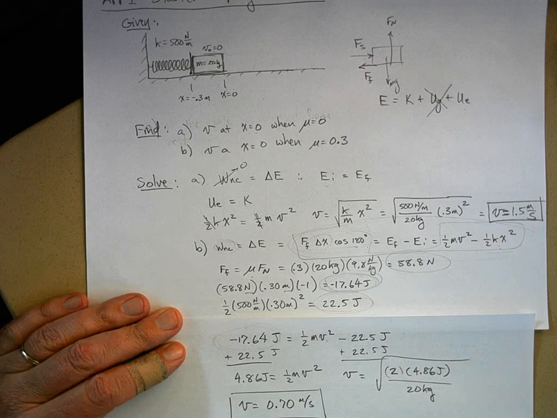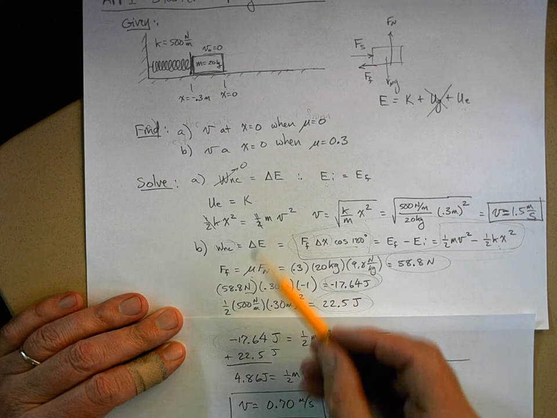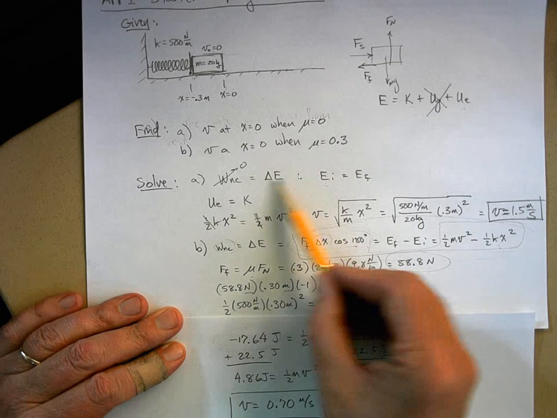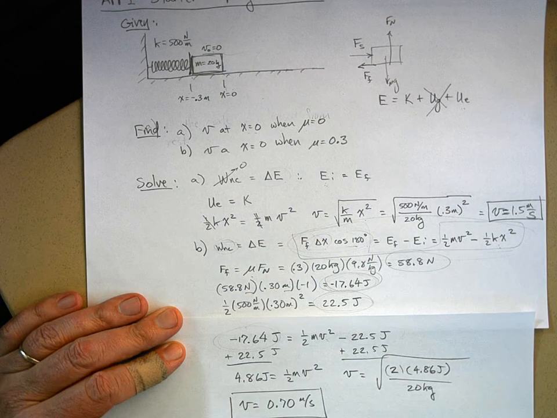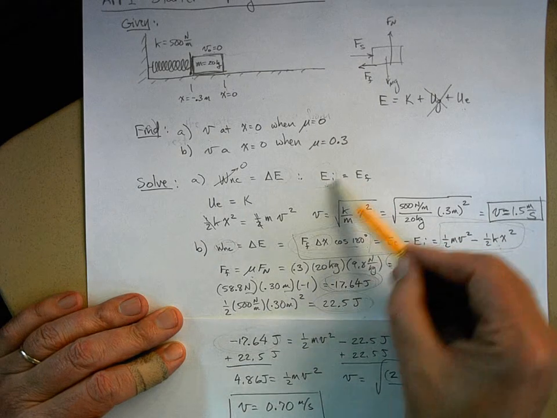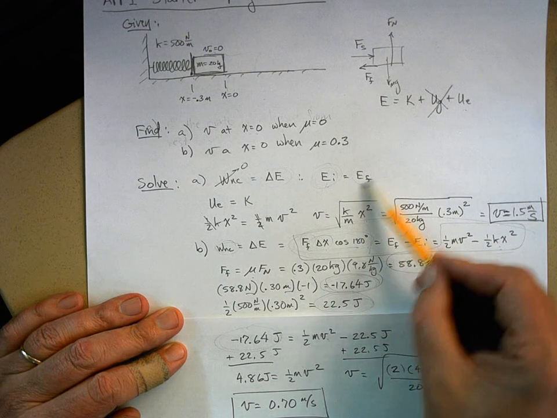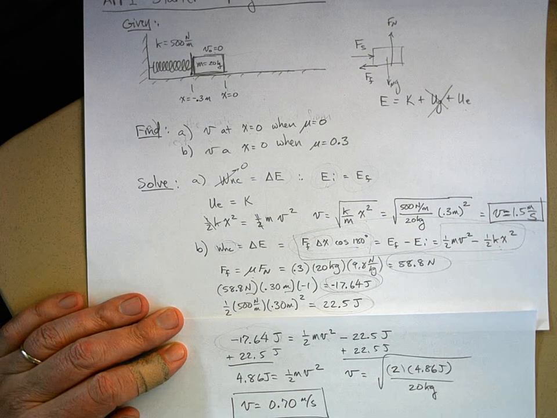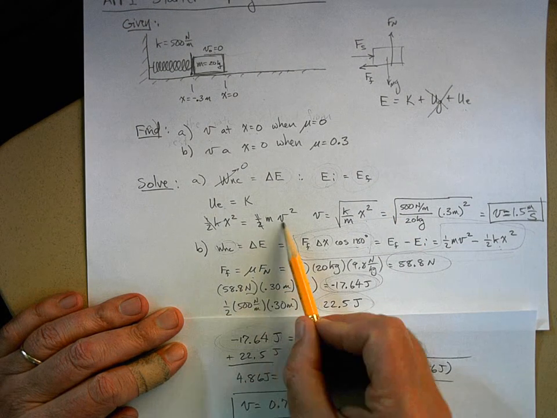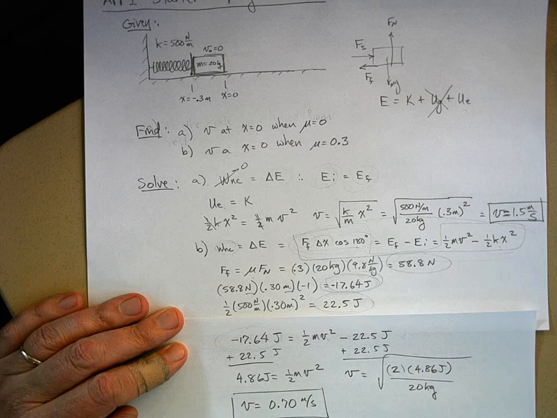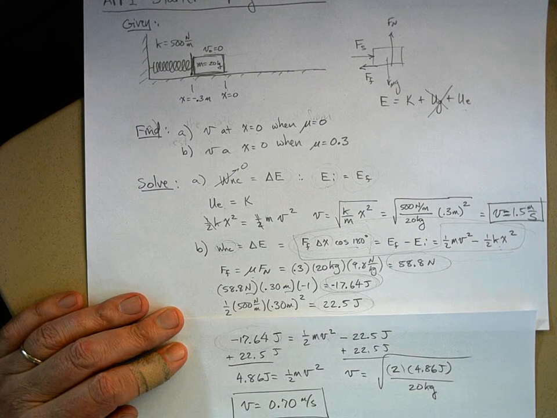But in part A, there's no friction. So there's no change in mechanical energy, which means the mechanical energy I started off with is going to be equal to the amount of mechanical energy I end up with. And that allows me to set up this equation and easily solve for v. But in part B, we had friction, and that friction took energy away.